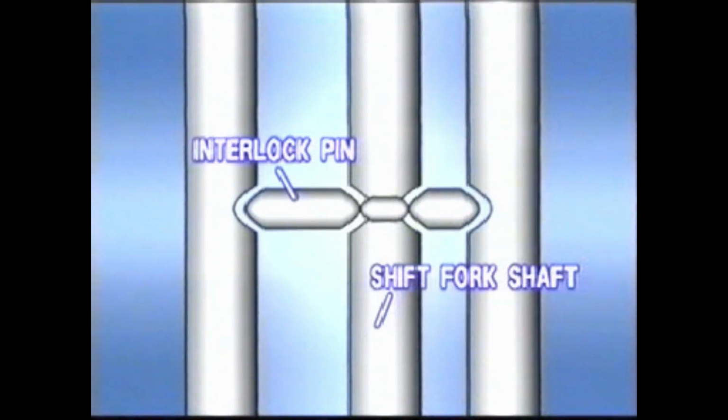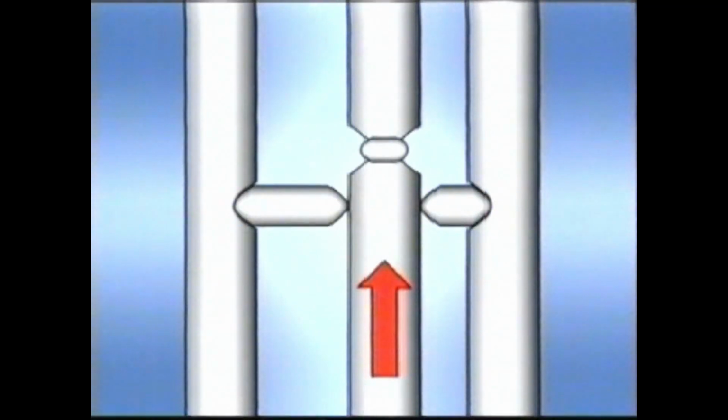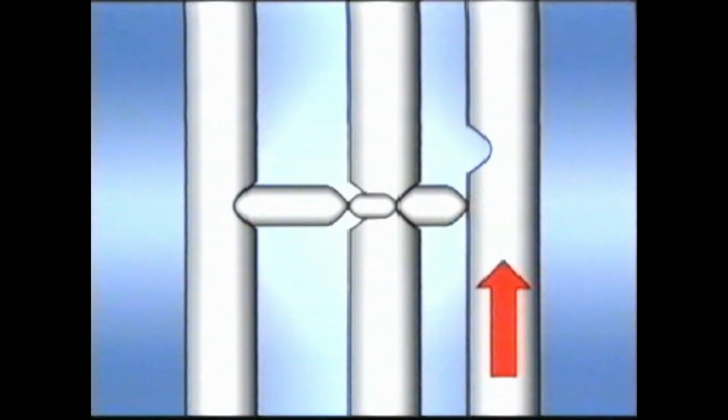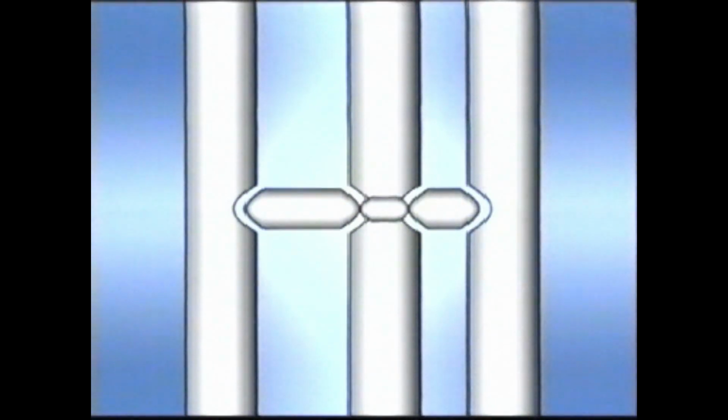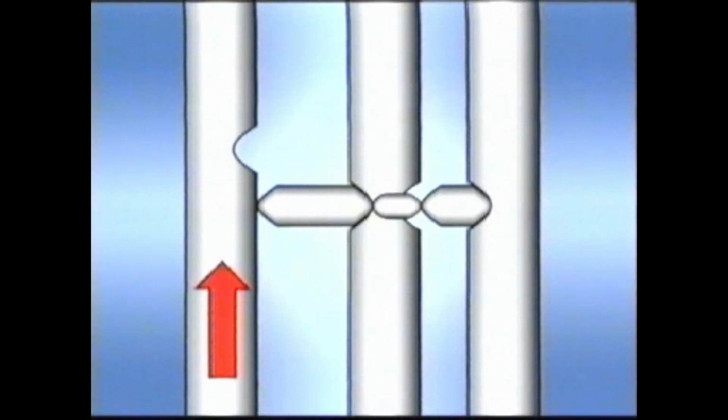With the neutral gear position, there is a gap between the central slot and the interlock pins. When the central shaft moves up, the 2 interlock pins are pushed out and inserted into the slots on both sides to lock. Similarly, when the shaft on either side moves up, the pushed interlock pins lock the other 2 shafts in position. This is how the double meshing prevention mechanism works in W58.